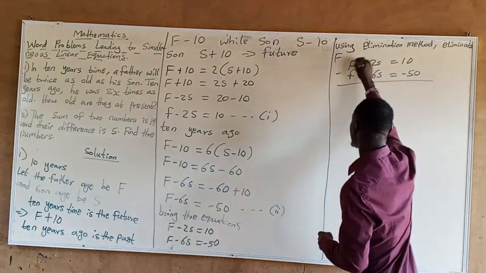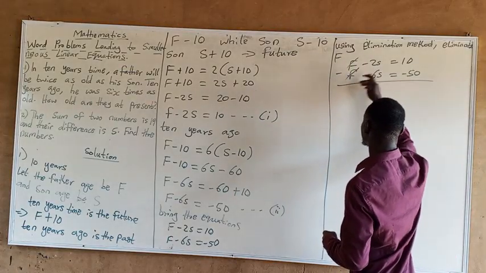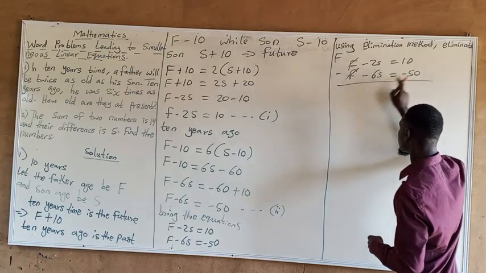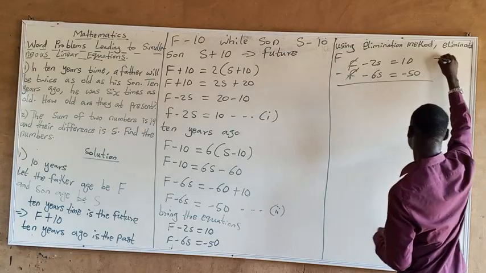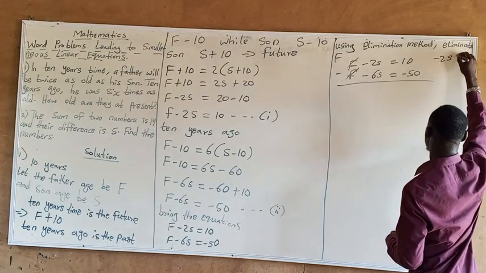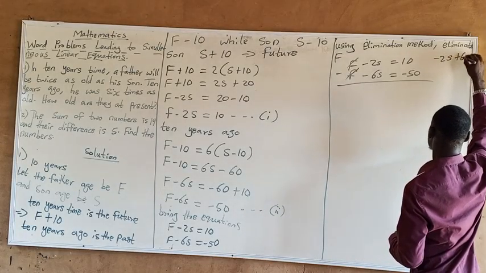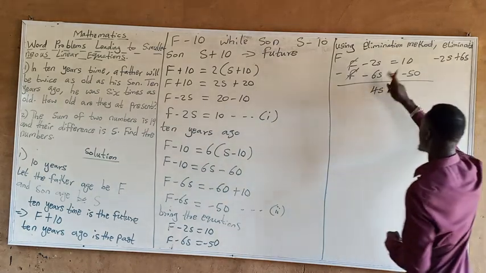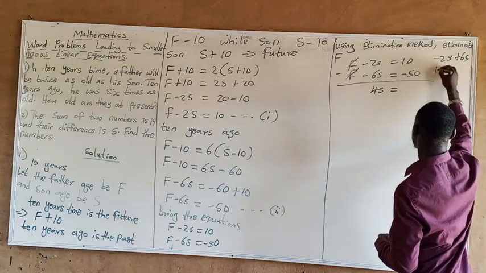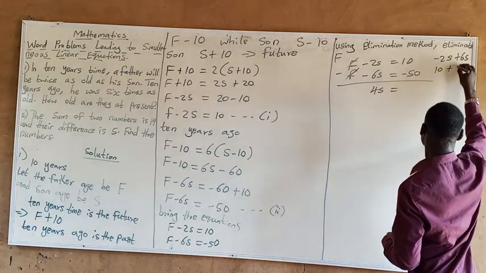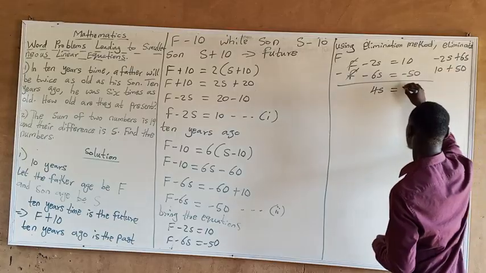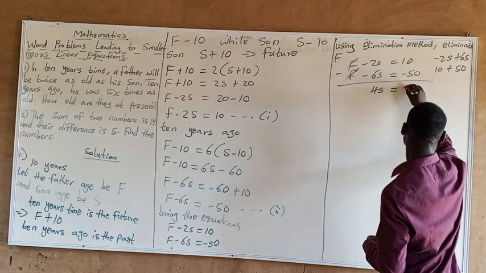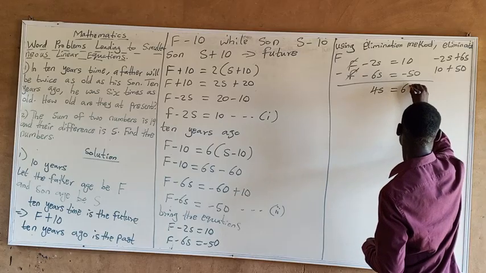So you have F minus F, we have 0. This times this will give us plus. This will give us plus. So it will be minus 2s plus 6s will give us 4s. Then if you observe here, there will be 10 plus 50, which should give us 60.